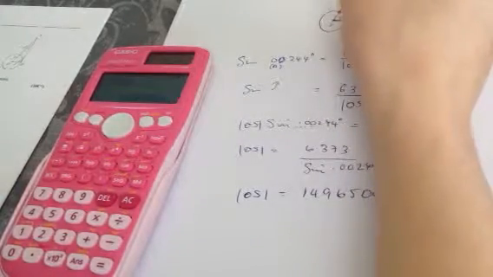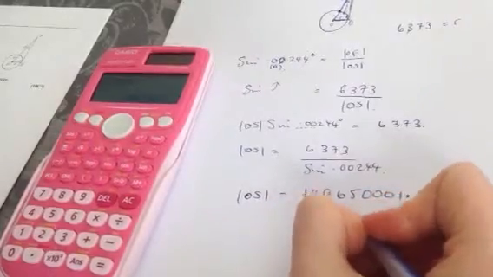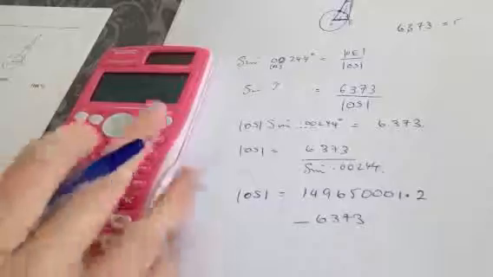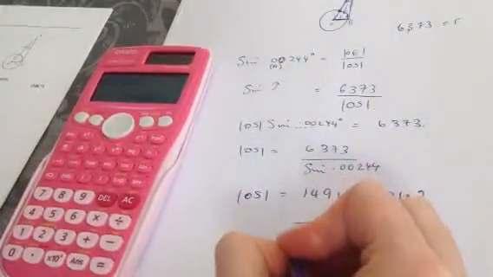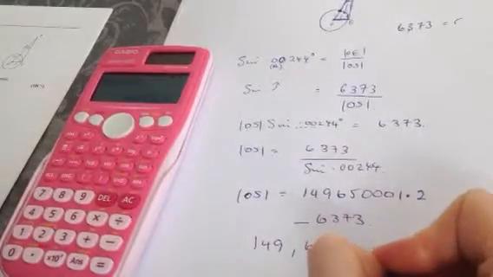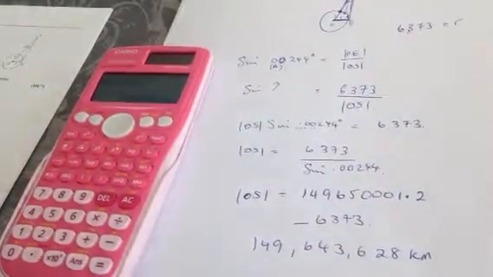So I'm only looking at this part here, so I need to subtract from this my 6373. And I have 149,643,628.2, but they want the nearest kilometre. So that's my answer there.